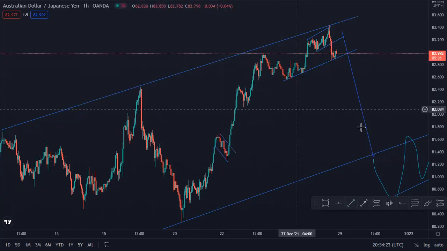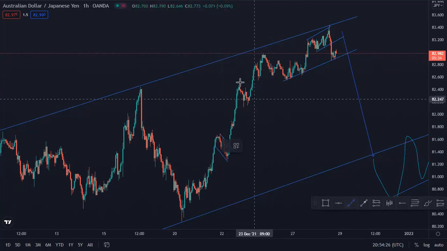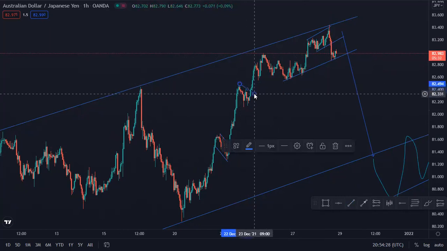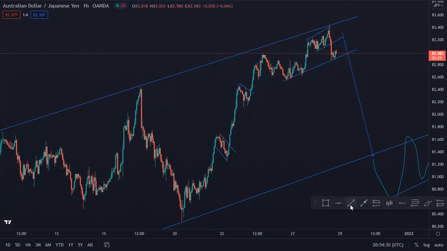Obviously, when we trade using our strategy, we end on the 30-minute time frame when we are analyzing currency. But of course, you can jump to lower time frames like the 15-minute or 5-minute time frame if you want to scalp. I prefer ending on the 30-minute time frame. So yeah, that's how we approach the market.